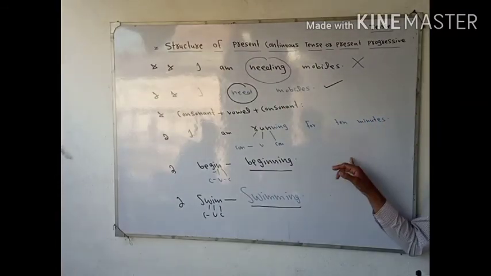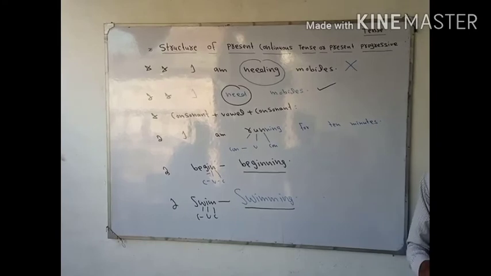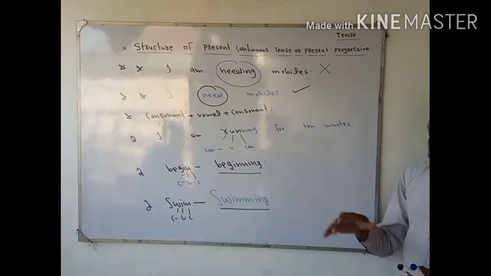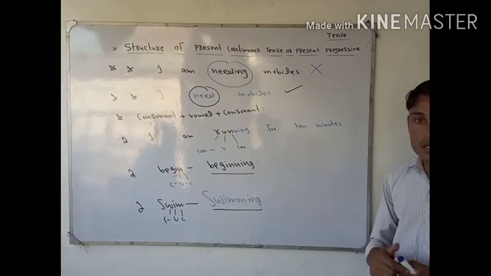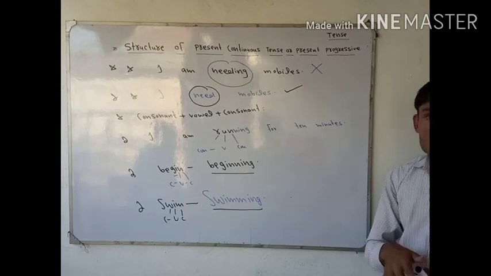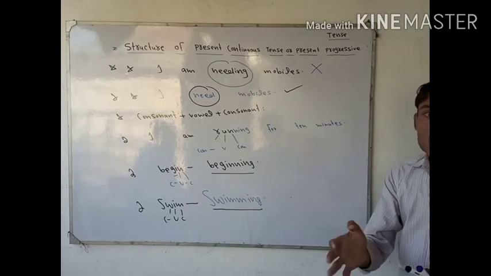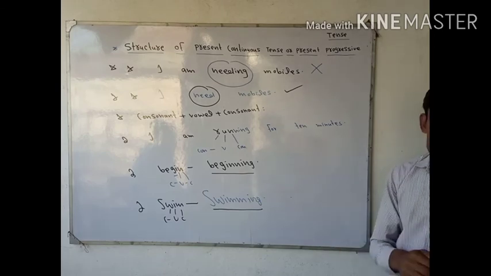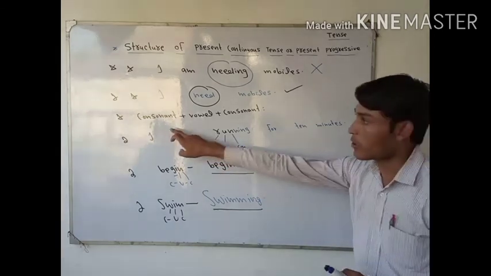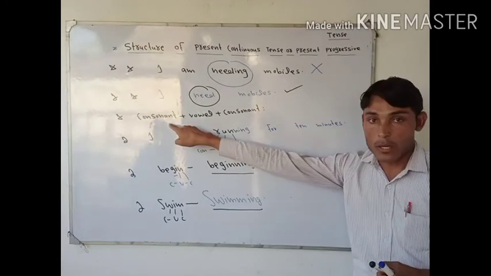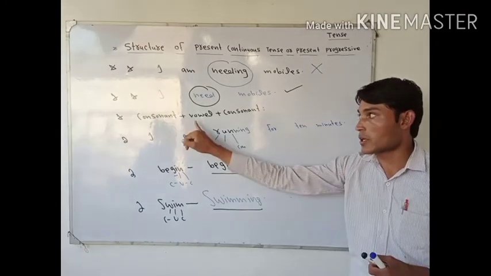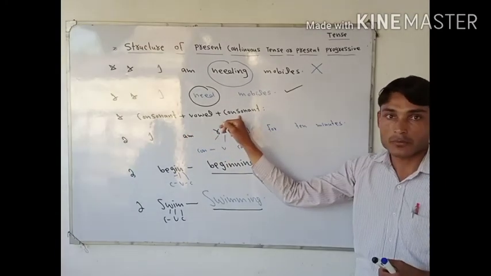So in this lesson, we discussed the structure of the present continuous tense. We also discussed that we cannot use stative verbs, and how we double the last letter. When the verb follows the formula consonant plus vowel plus consonant, the last letter will double.